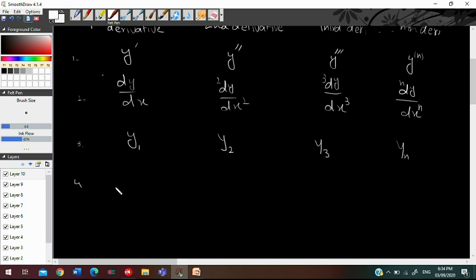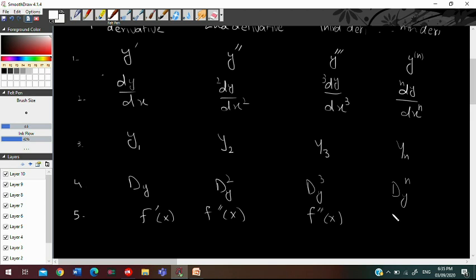Now the fourth type is capital D with y representing the first derivative, then D square y, D cube y, and D power n y. These are the representations of different derivatives. And f prime of x, then f double prime of x, f triple prime of x, up to f n of x.